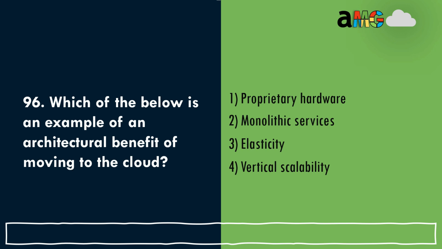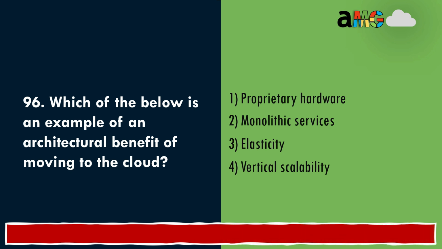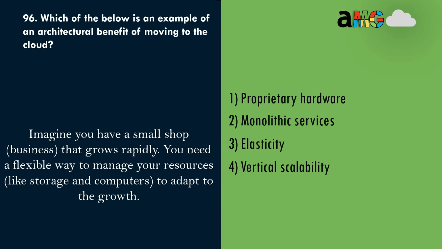Question 96. Which of the below is an example of an architectural benefit of moving to the cloud? So your time starts now. Okay, time up. Imagine you have a small shop, which is a business, that grows rapidly.